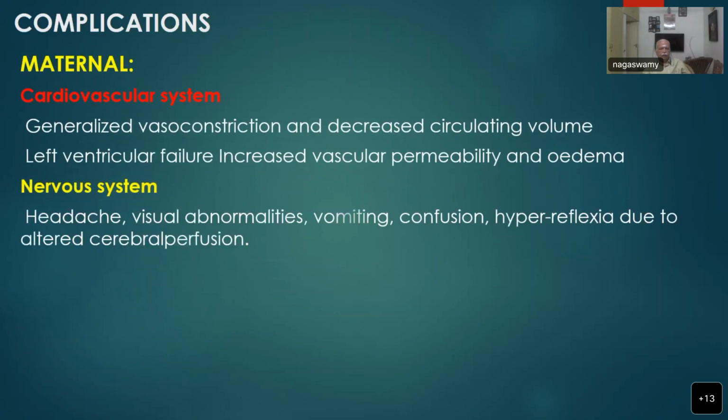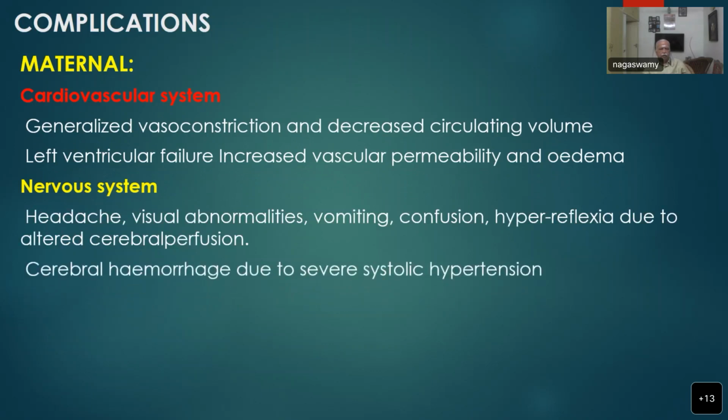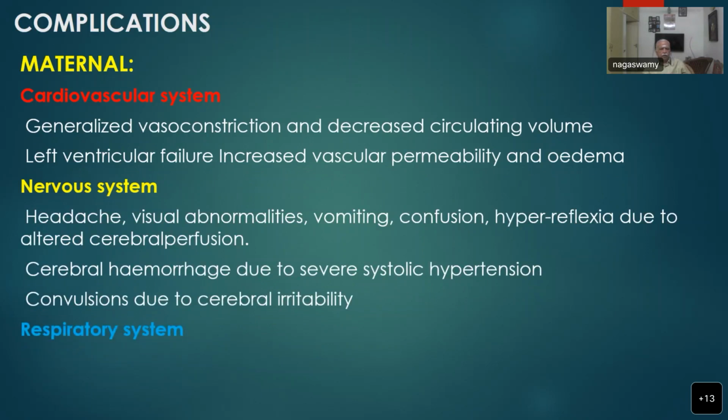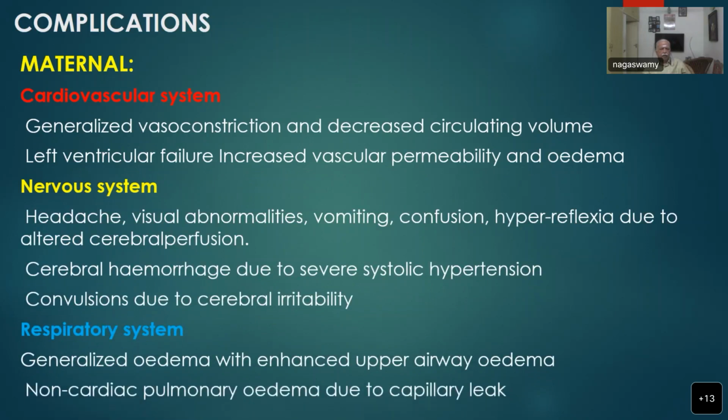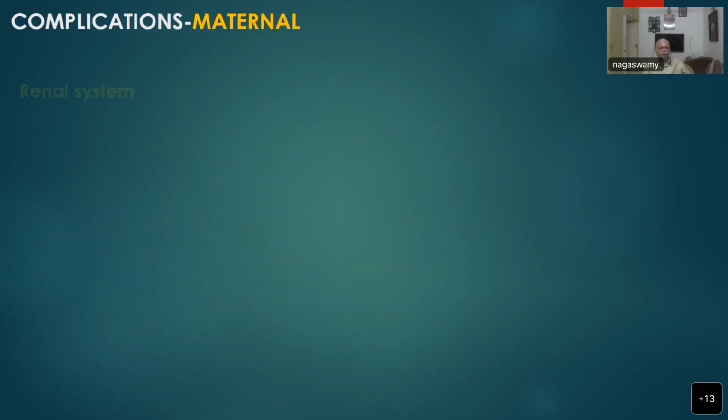In the nervous system, headache, visual abnormalities, vomiting, confusion, hyperreflexia, or they can go for hemorrhage due to severe systolic hypertension, convulsions due to cerebral irritability. And in the respiratory system, there can be generalized edema with enhanced upper airway edema, non-cardiogenic pulmonary edema due to capillary leak. That is what I described earlier.